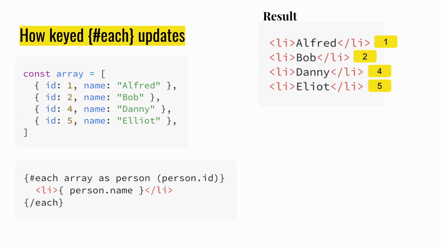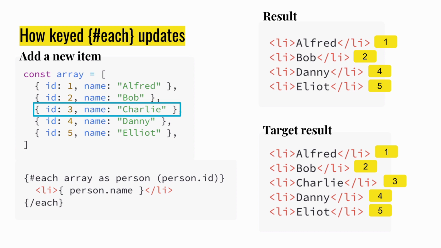So what happens next is that we insert a third item into the array. So this is what we want to end up with, right? 5 items, each of them with the key, which is evaluated on the right.